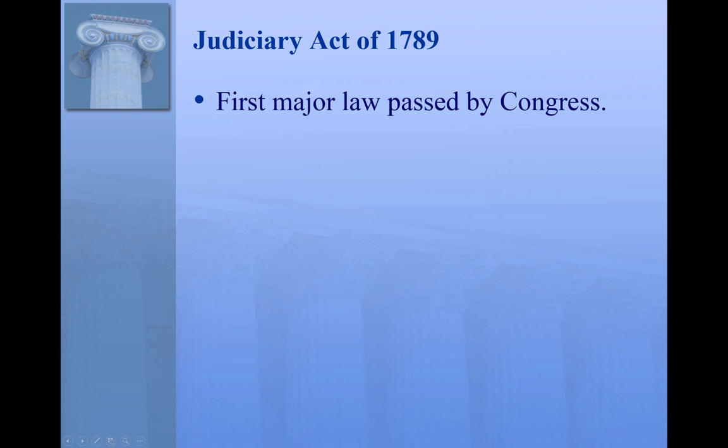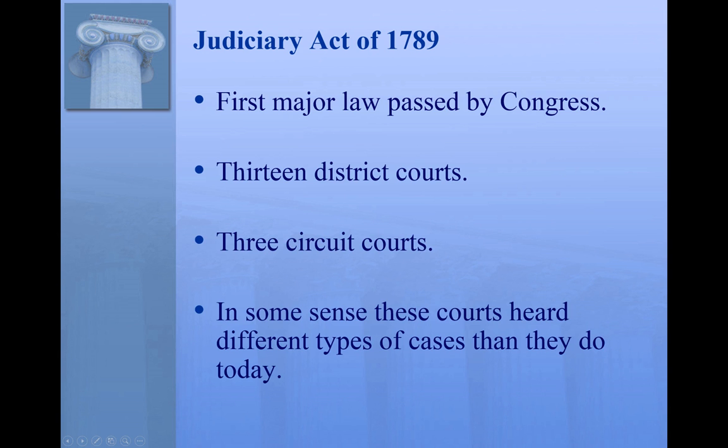It did everything from creating these courts to restating the Supreme Court's original jurisdiction and its appellate jurisdiction. Now, these courts heard very different cases than federal trial courts and appellate courts do today.